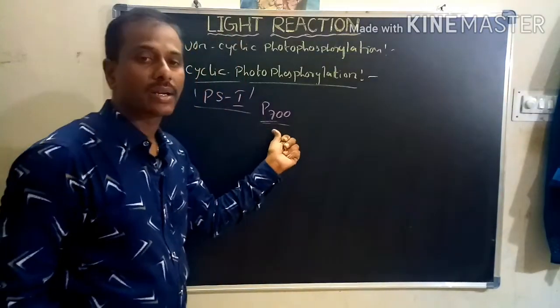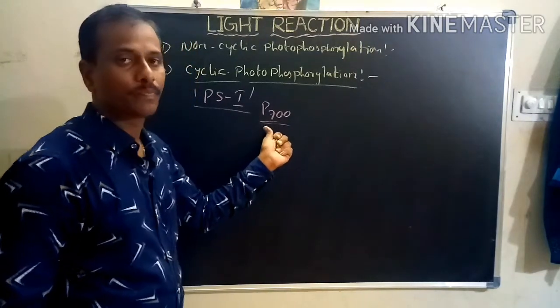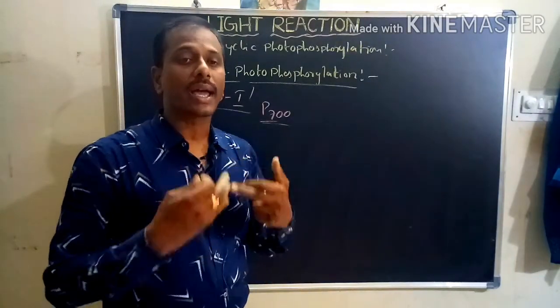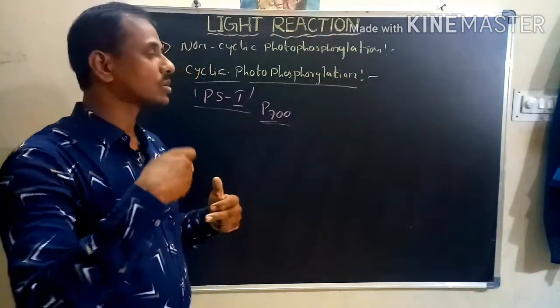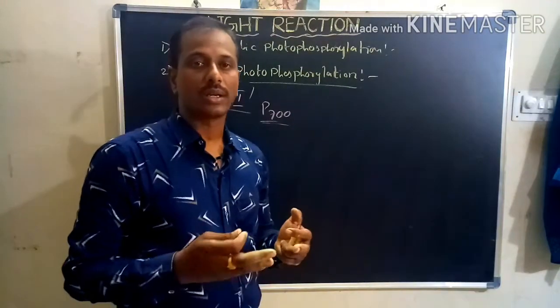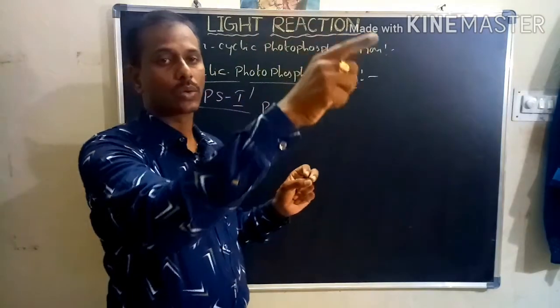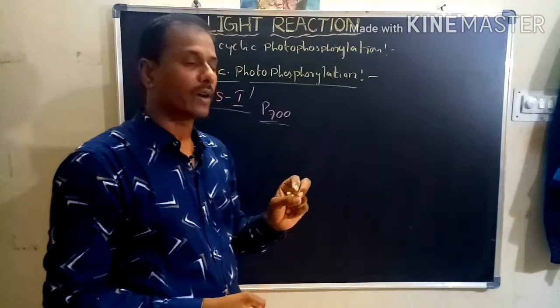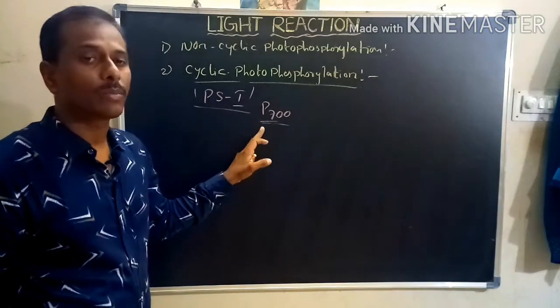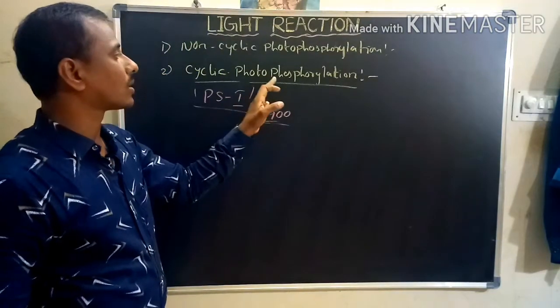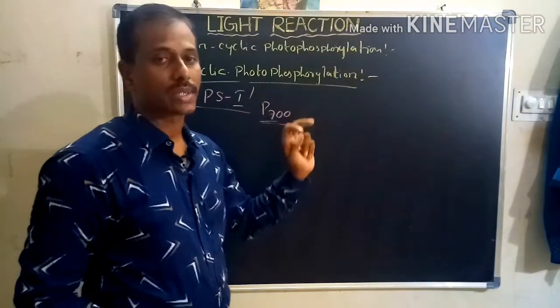That P700 photosystem receives the light energy and goes to the excited state. It releases the electron. Finally the electron is transported through different compounds and reaches the same photosystem, so it is called cyclic.